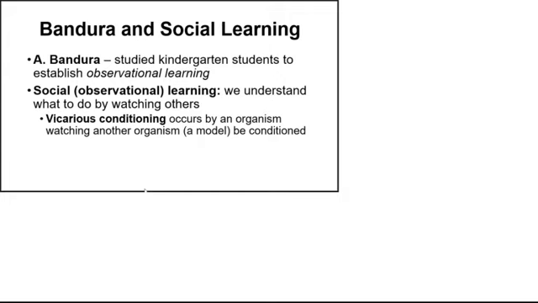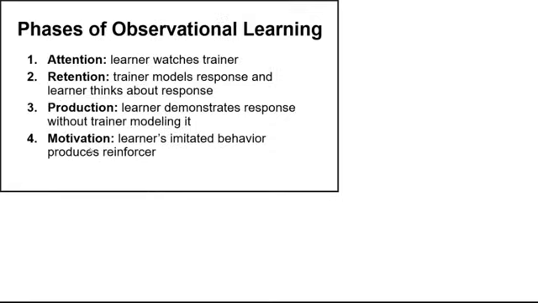If you think about going to a new country or even coming to a new school, my first day on campus, I wasn't quite sure where to go because I had never been here before. So I waited for a minute and I watched the crowds. I followed someone else to the main entrance, and from there I figured out how to get into the buildings. So I employed this observational or social learning, and it's something that we do fairly easily and fairly regularly as well. But we can break down this process into 4 different phases.